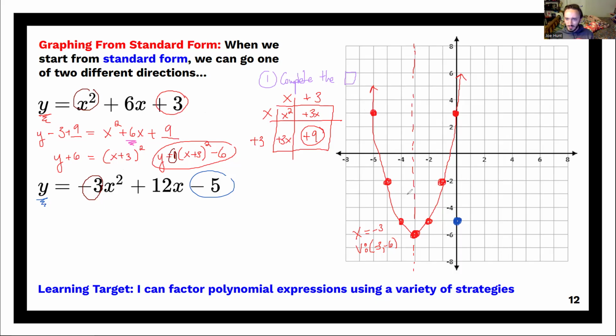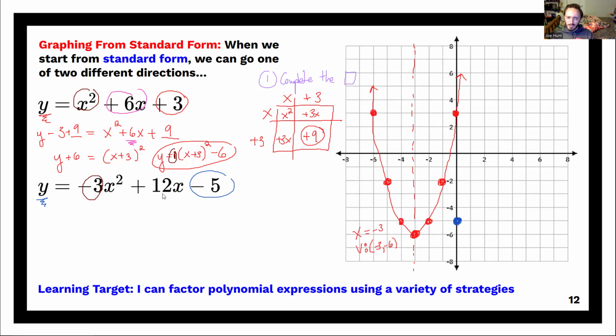The other thing that I want to point out here is if you take a look at, say, our value at which we're intersecting with the vertex. So in this graph in red, my vertex is at an x coordinate of -3. That's half of my b term if it was negative. If you take a look at this other quadratic where I see a plus 12x, if I take half of that, that's going to be 6. The negative version of that is going to be -6.